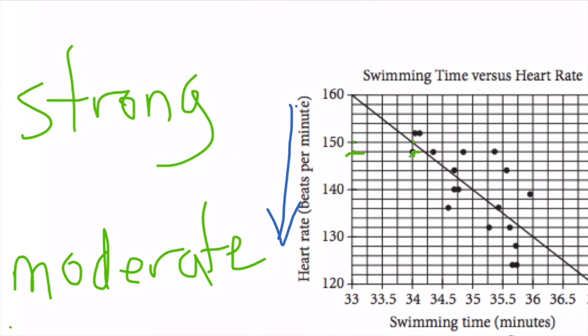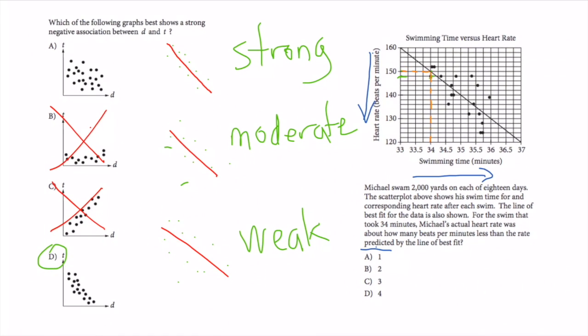Okay, so to approximate the line of best fit, the swim that took 34, I go all the way up to the line, and then wherever I hit it, I go complete sideways. Okay, so it's predicting 150, when in actual fact it was 148. Okay, so our answer here is just 2. 150 minus 148.